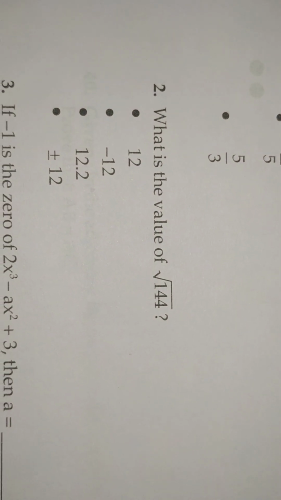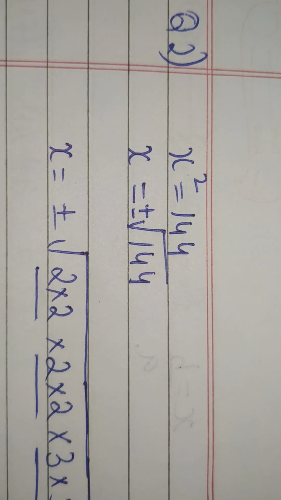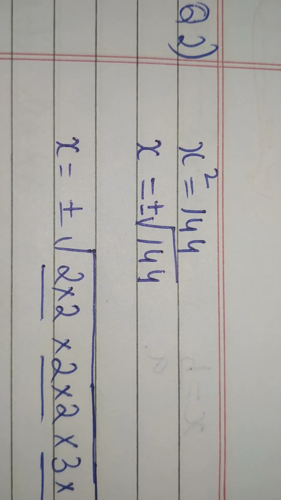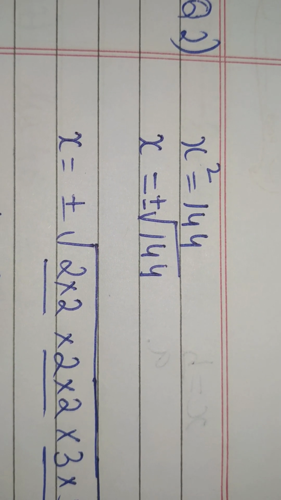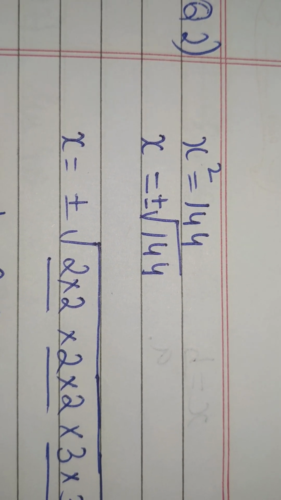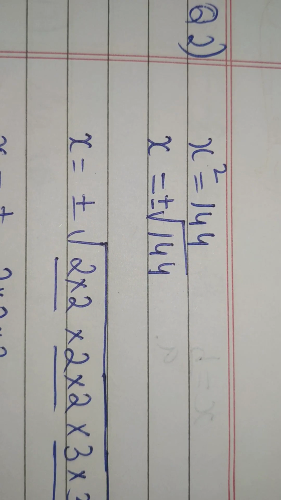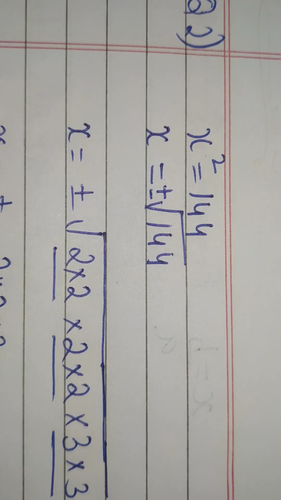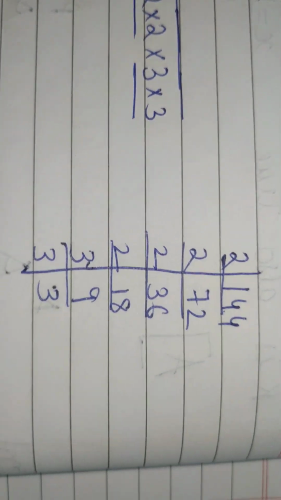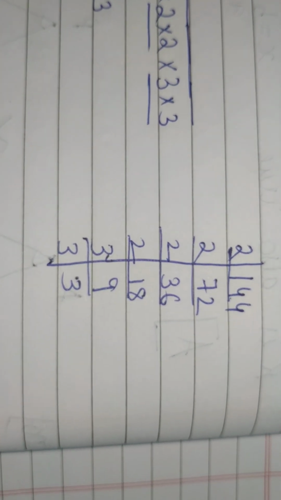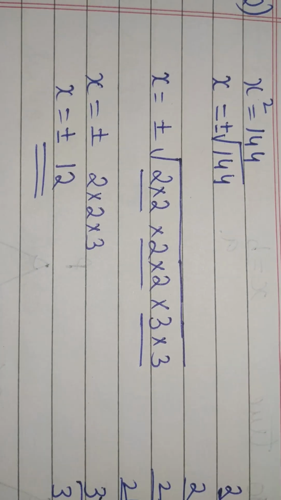Question number 2. What is the value of root 144? So x is equal to 144. If I take the square on the other side, it will be x is equal to plus or minus root 144. Then I will remove the factors of 144, and those factors I have written over here.